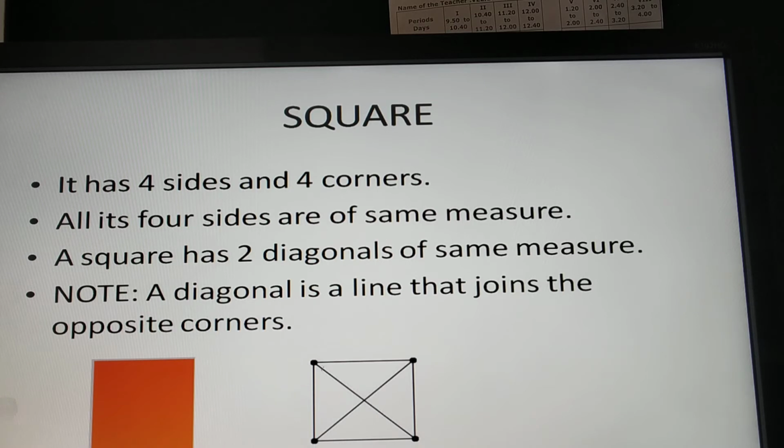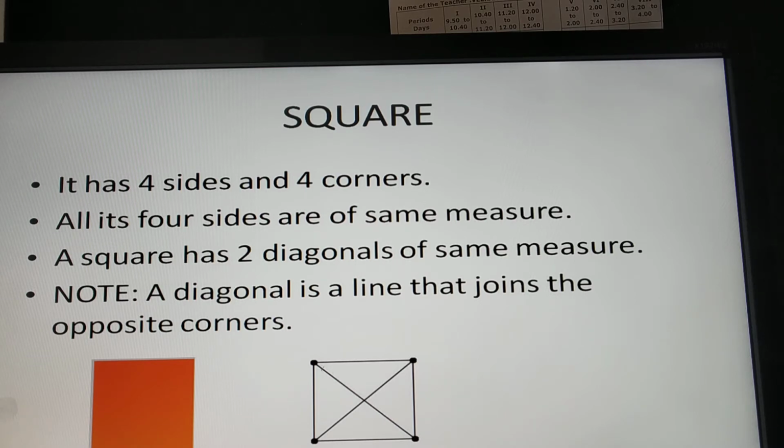We can say a square has 4 equal sides and 4 corners. Third point, a square has 2 diagonals of the same measure.